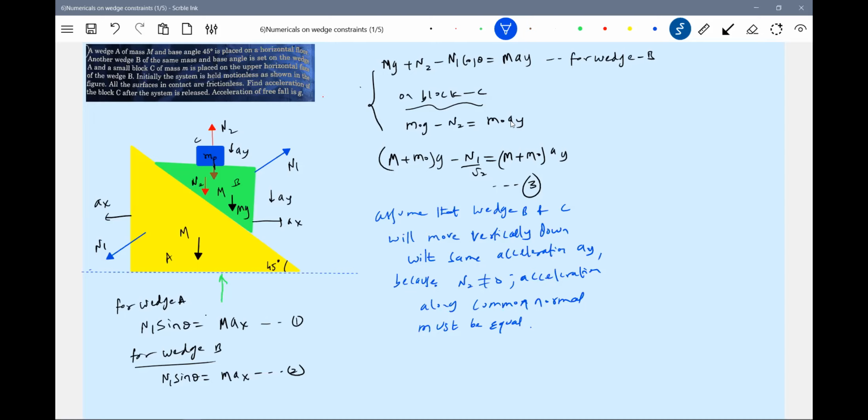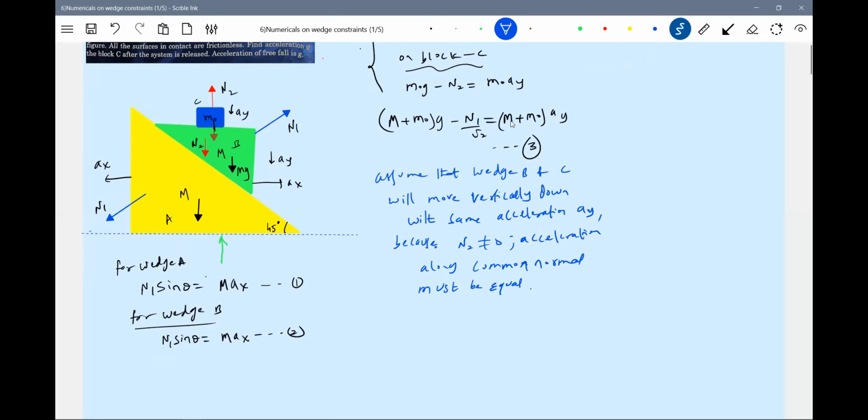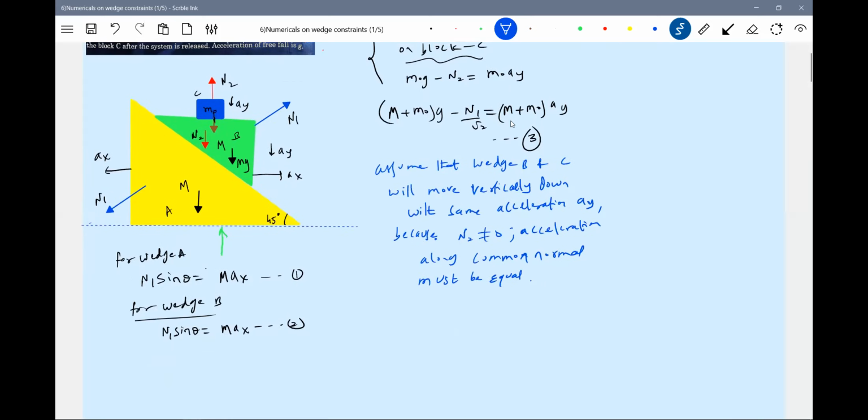For that, again, the same idea. Now let me describe the motion of wedge B relative to wedge A. Motion of wedge B relative to wedge A. I think we have to be a little careful here. I will go to the next set of the problem. I need only the diagram.